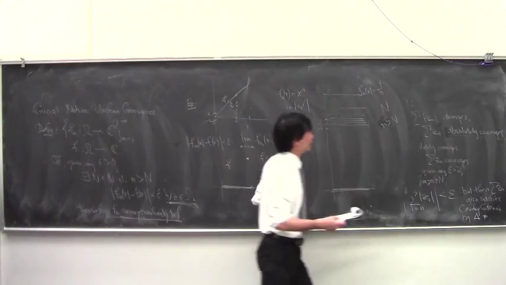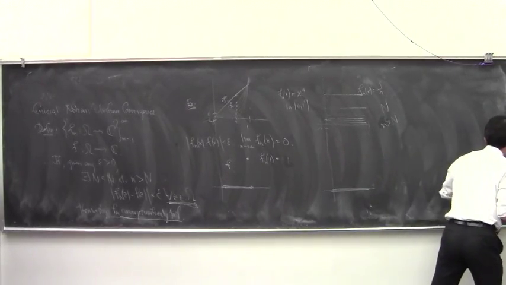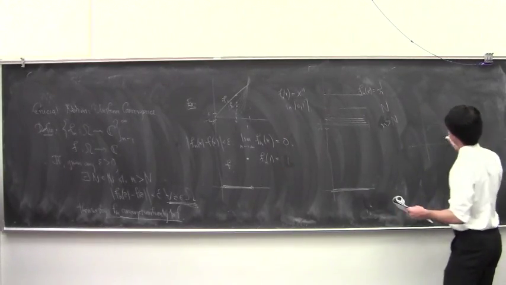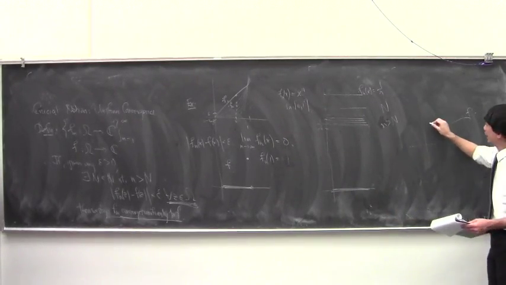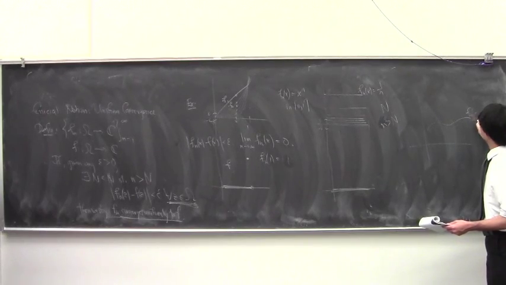Let me show another picture. Uniform convergence is basically like this. Here's your f. And you put a little tube around f, an epsilon tube, plus epsilon, minus epsilon.